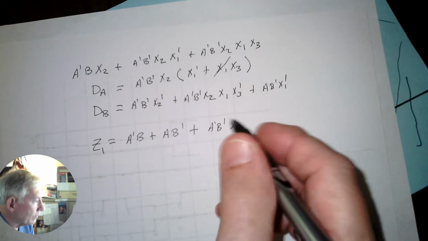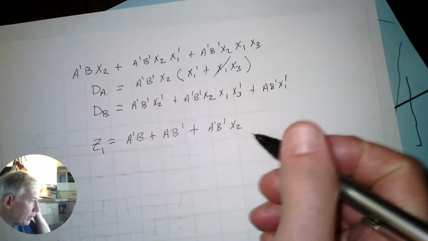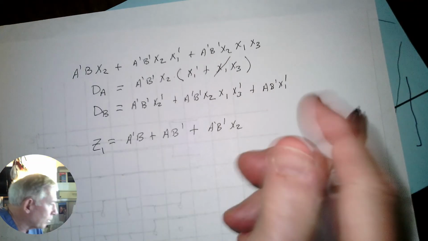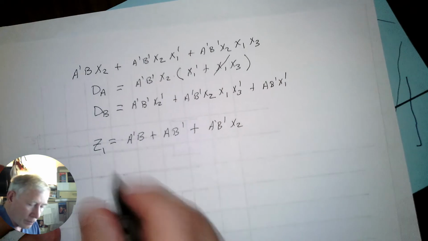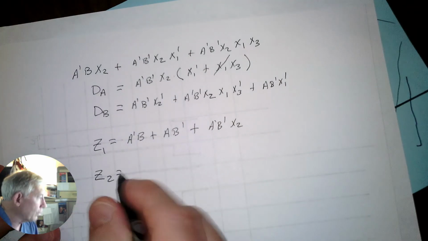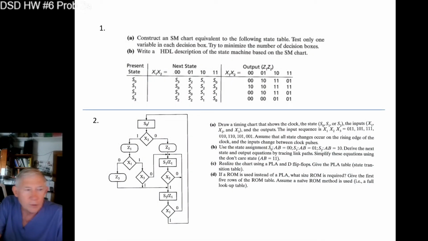So those are the 3 times when we have Z1 showing up. And then the other one, Z2, is pretty straightforward. If we look at this, we can see that Z2 only shows up here. So that's A prime B prime X2 prime. That's the only time when Z2 shows up. And we did Z1 already.